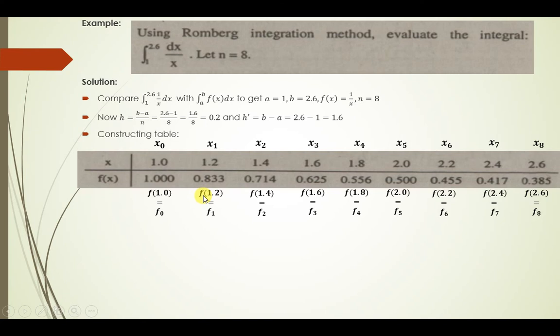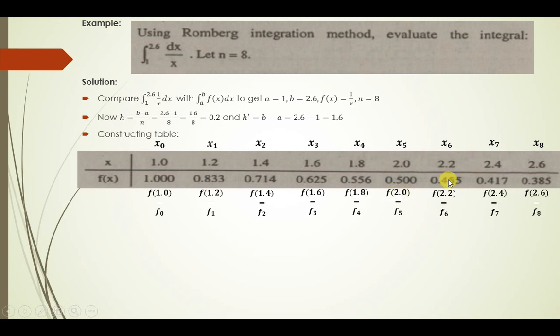And this value is f of 1.2. This value is f of 1.4. This value is f of 1.6. This value is f of 1.8. This value is f of 2.0.